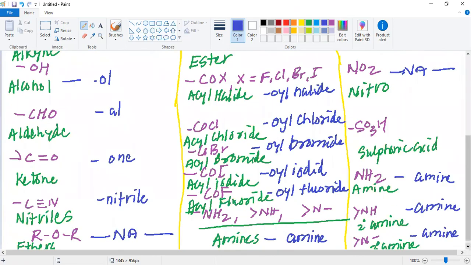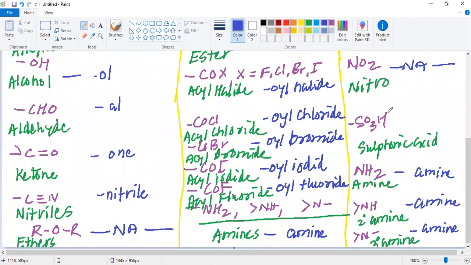And for SO3H, we may write sulfonic acid. These are some of the very important things that we can study and understand about the various suffixes and prefixes that we may have.